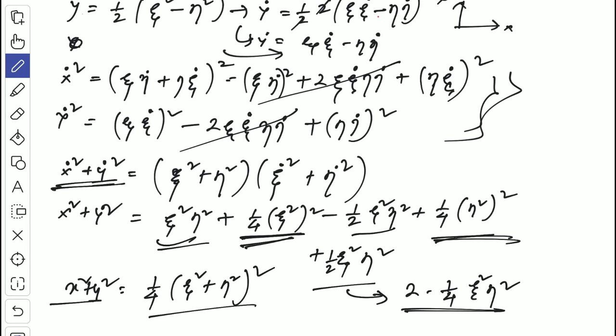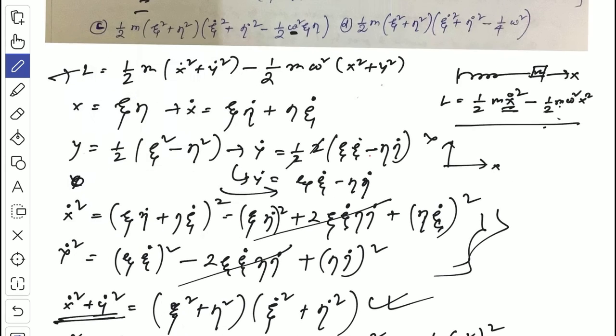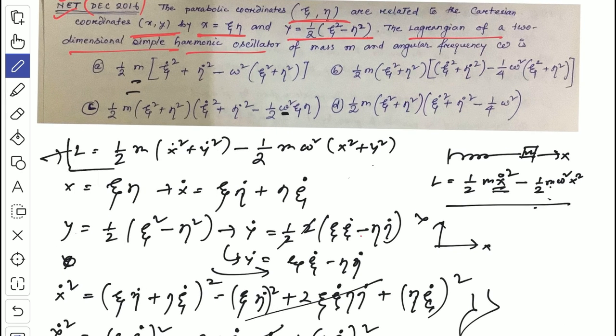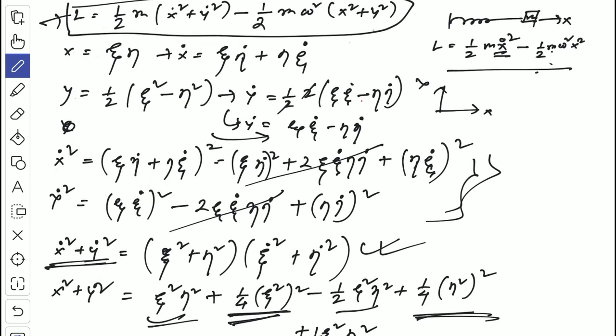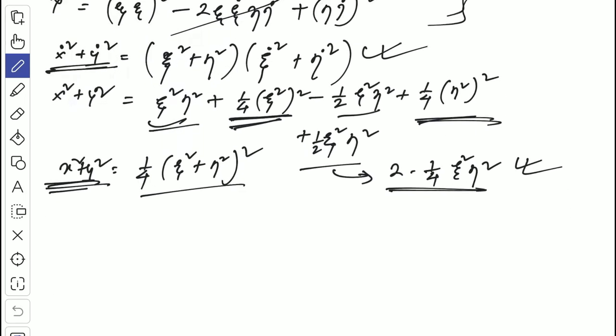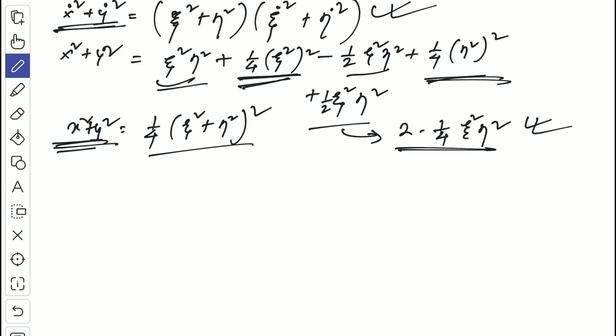So we have got x dot square plus y dot square, and x square plus y square. If you use these values in the Lagrangian equation, you will get the required result.